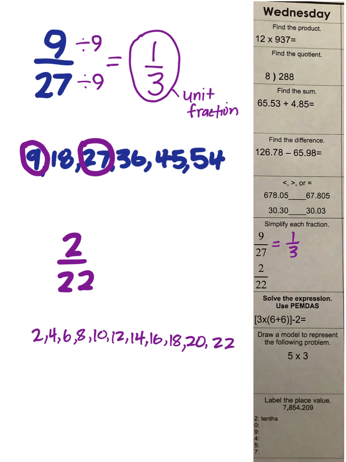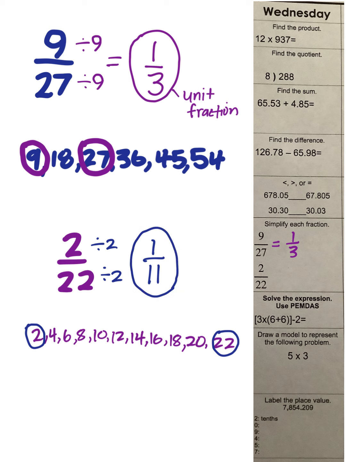Now we'll simplify 2 over 22. I know that this is an even number, and both of these are multiples of 2. As you can see, I've listed my multiples of 2, and I know that I can divide both of these by 2. 2 divided by 2 would give me 1. 22 divided by 2 would give me 11. 1 over 11 is my final answer.